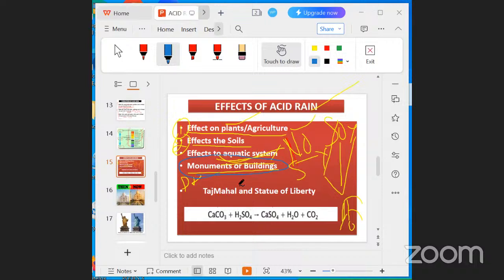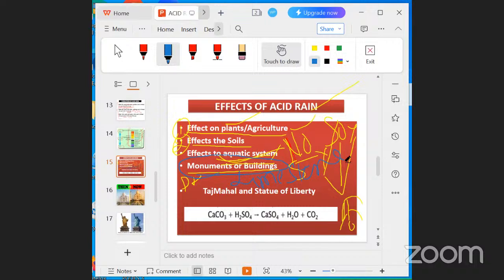Okay. So with limestone and also other soft stones, leading to erosion and the destruction of statues and buildings, right?